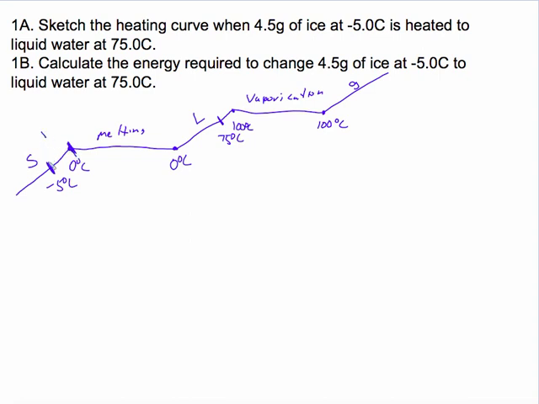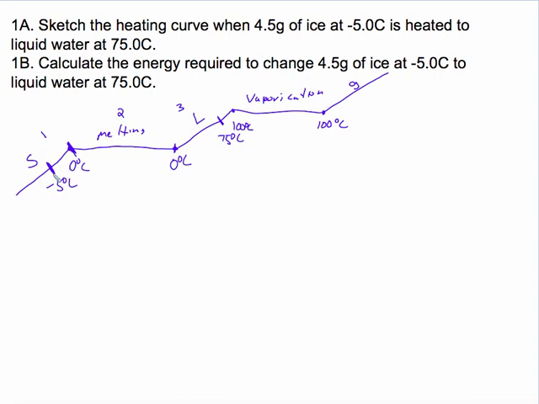This is the first segment: you're going to calculate the energy needed to warm the ice up to the melting point. Segment number 2 is you're going to calculate how much energy it takes to melt the ice. And segment number 3 is you're going to calculate how much it takes to warm the liquid water up to 75 degrees Celsius. So there are 3 steps, 1, 2, 3.